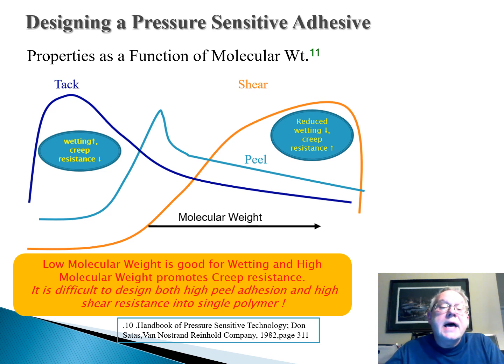You can see that low molecular weight favors wetting, but it hurts creep resistance, and higher molecular weight helps creep resistance, but reduces the ability of the adhesive to wet. So you can see why it's difficult to design both high peel and high shear resistance into a single polymer, because molecular weight has different effects on tack and shear.